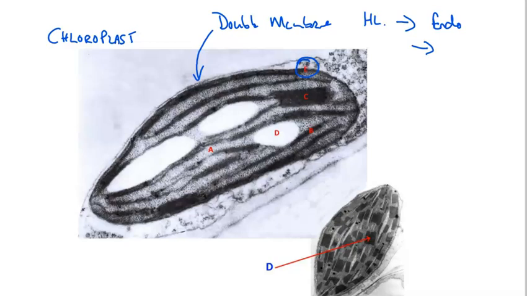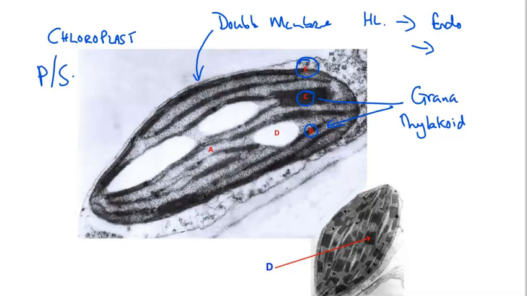Let's return to our chloroplast, the site of photosynthesis. Not going through in letter order, but C and B are referring to the membranes. Now, B is a thylakoid membrane, and C is actually a stack of those membranes called a grana.